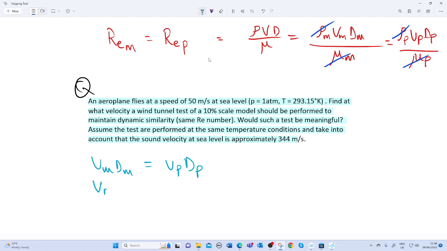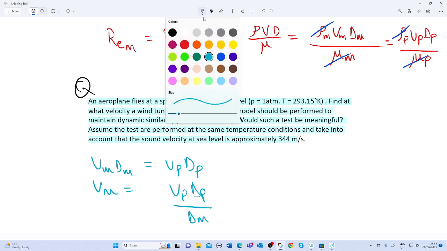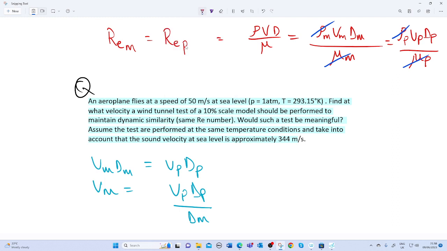So our Vm equals Vp times dp over dm. And don't let us forget that dp over dm, which is the size of the prototype over the model, equals 10.